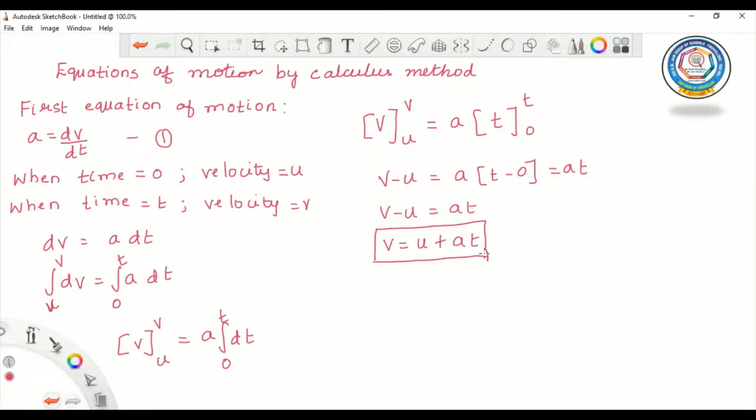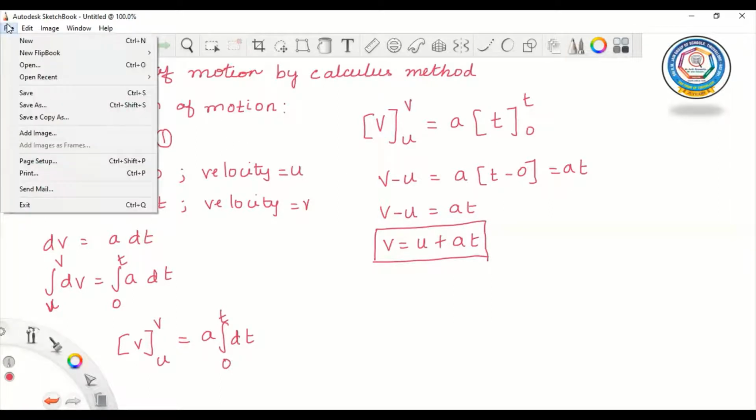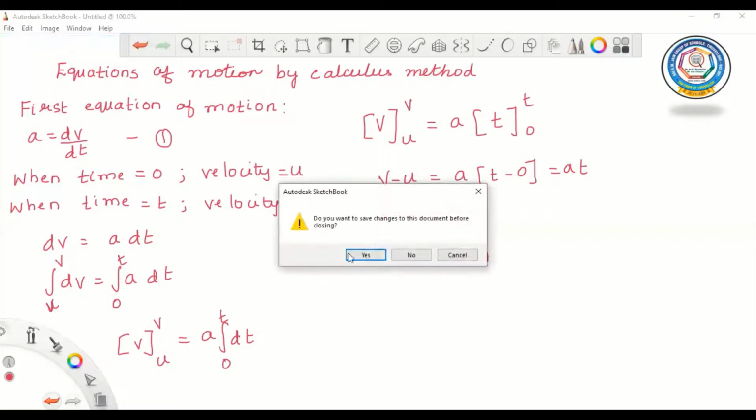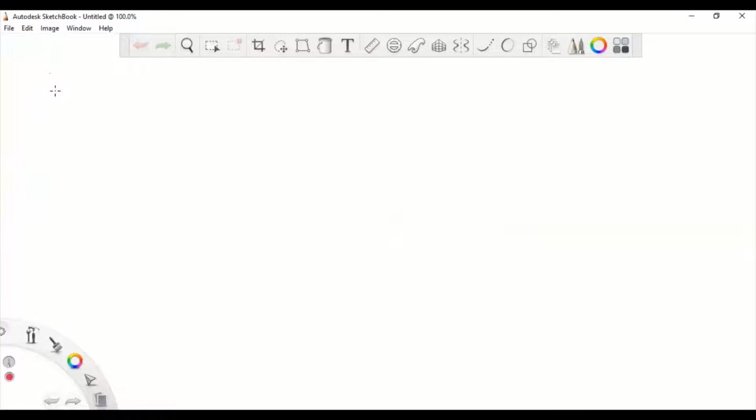Now let us derive second equation of motion. So the second equation of motion, I told you that velocity is defined as rate of change of displacement.